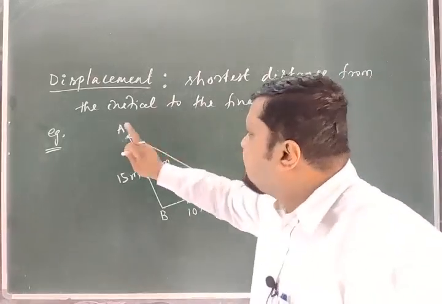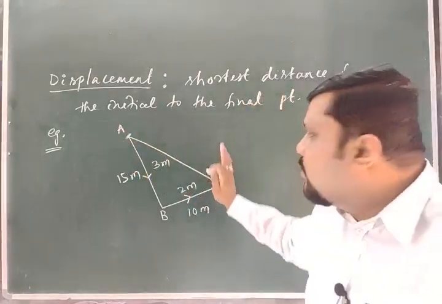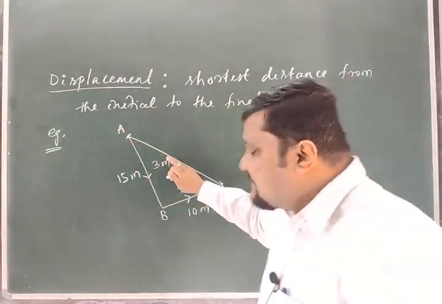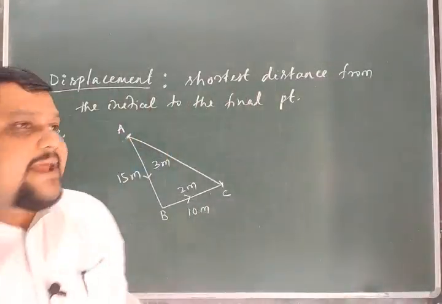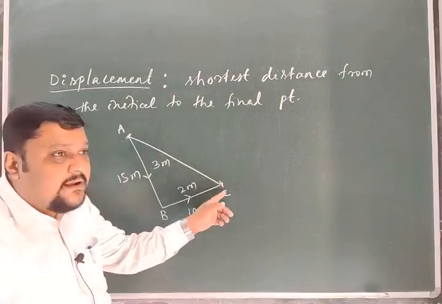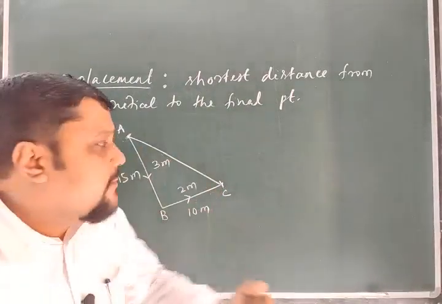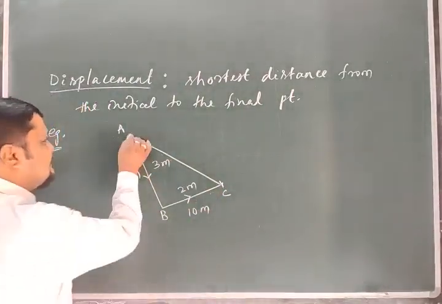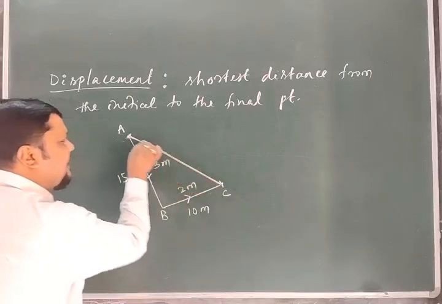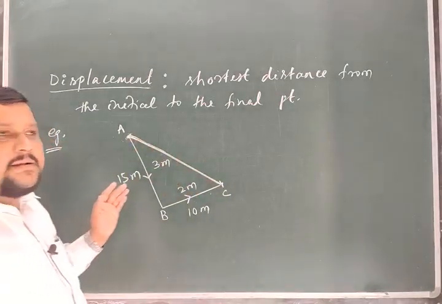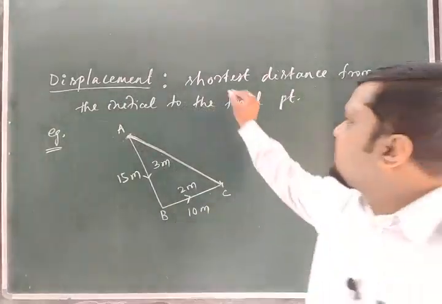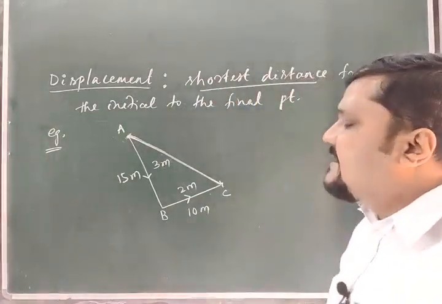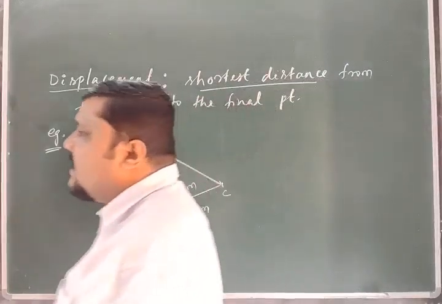This is the unique path from the initial to the final point which is shortest, and no other line can join A to C with a shorter distance. So A to C gives you the displacement of the particle. That's why it is called the shortest distance from the initial to the final point.